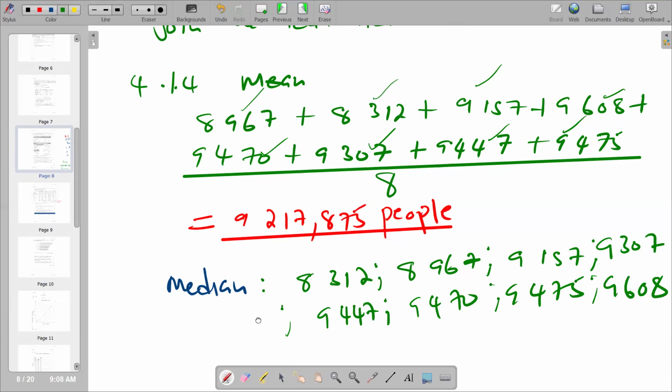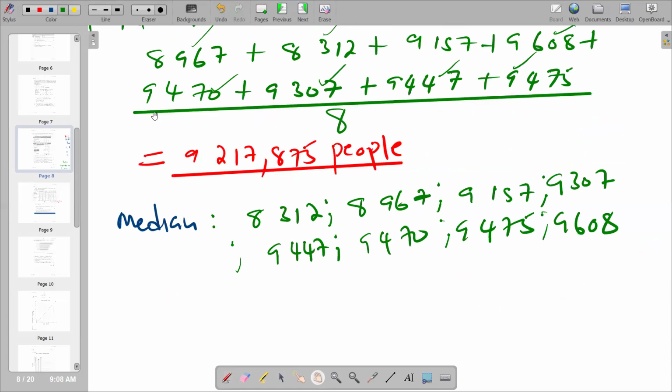Then after we've arranged in ascending order, you now look at the middle figure. Remember, we've got 8 figures. So if you divide by 2, you're going to see that you get 4, which is an even number. So the number of figures that we have is an even number. So it means that the fourth and the one in front of the fourth, which is the fifth, we add them, and then we divide to get the average.